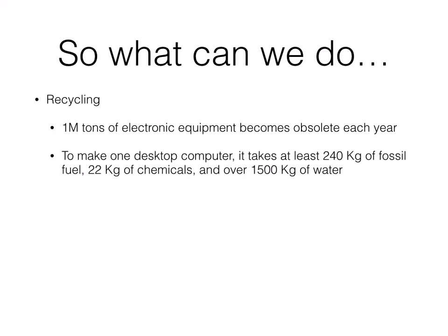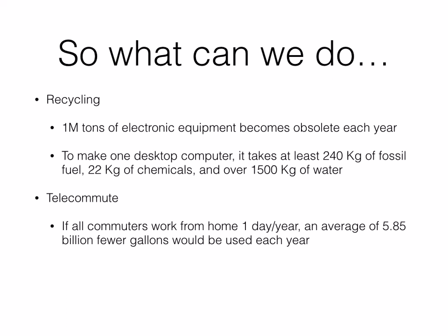Recycling, from a statistical sense. 1 million tons of electronic equipment become obsolete each year. To make one desktop computer, it takes 240 kilograms of fossil fuels, 22 grams of chemicals, and over 1,500 kilograms of water. That's a lot.